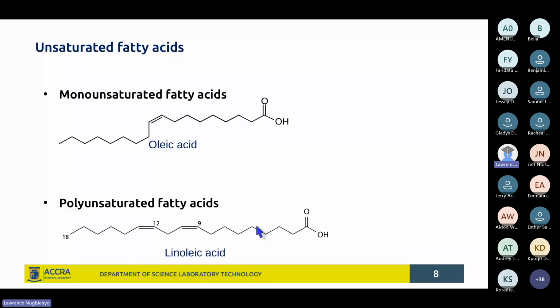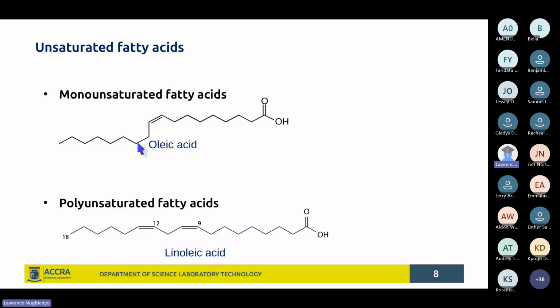You do also have unsaturated fatty acids. And these unsaturated fatty acids contain one or more double bonds. You can have what is referred to as monounsaturated fatty acids.